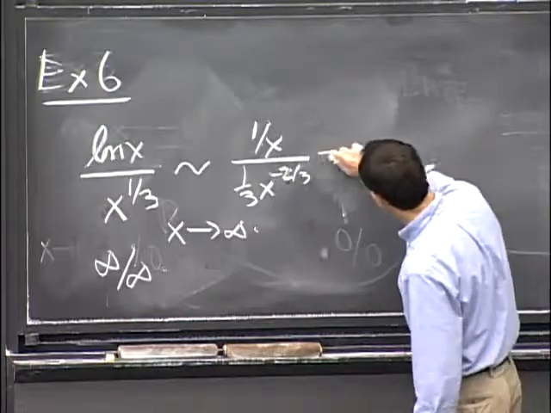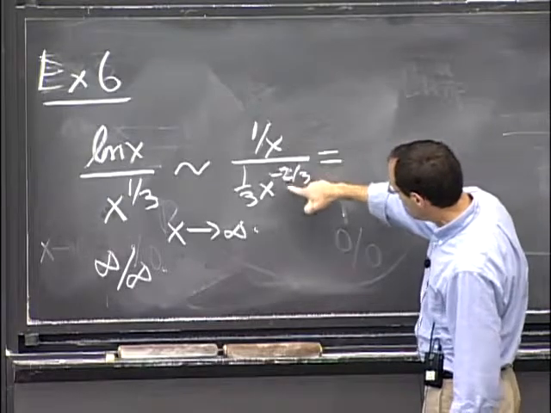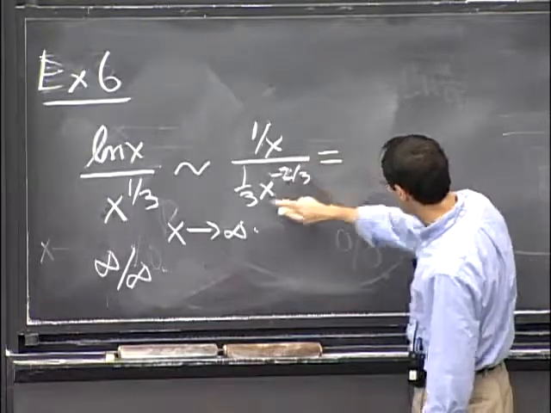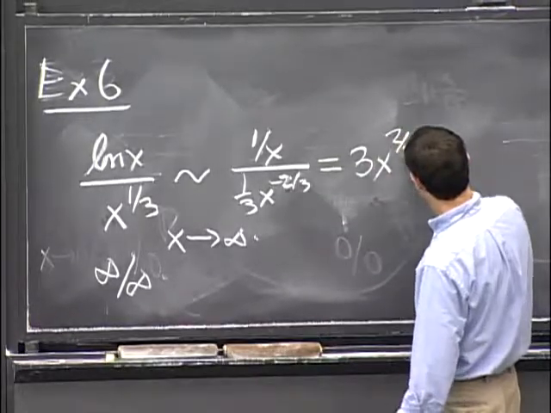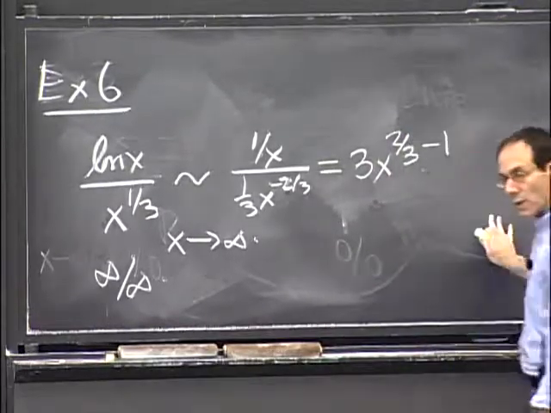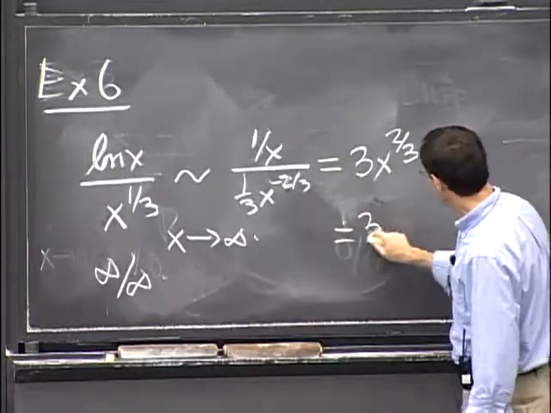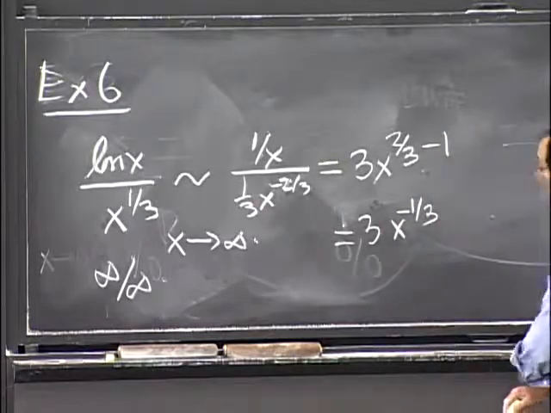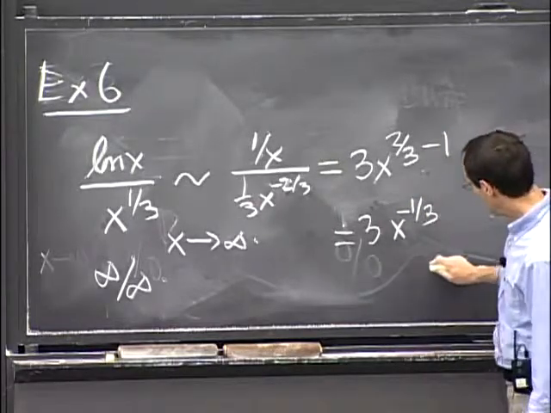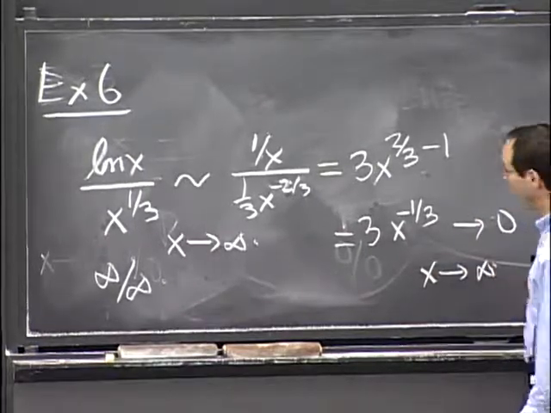Now, when the dust settles here and you get your exponents right, we have an x to the minus 1, and this is an x to the plus 2/3, and that 1/3 becomes a 3. So this is what it is, all right? And that's equal to 3x to the minus 1/3, which we can decide goes to 0 as x goes to infinity. All right?